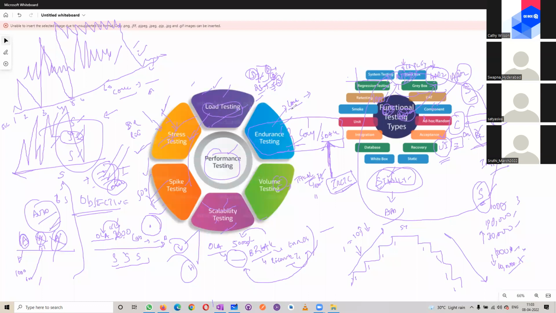So I take this application and give a load of 2000 users and keep it for 24 hours, 48 hours, 50 hours, or 72 hours. It depends upon your requirement. With that particular load, how much time will you be sustaining, how long will you keep doing it?